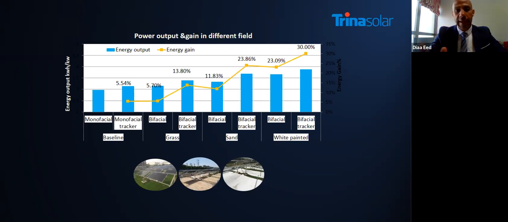As we know, once you get lighter, once you get white on the ground or the roof you are installing, you get higher albedo. So if you use the right, higher albedo and get the best tracker for your bifacial, the energy gain can be 30%.